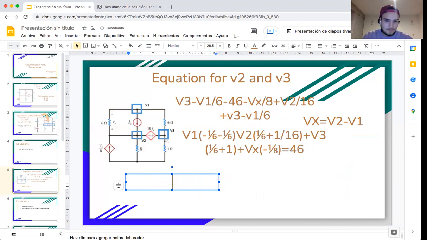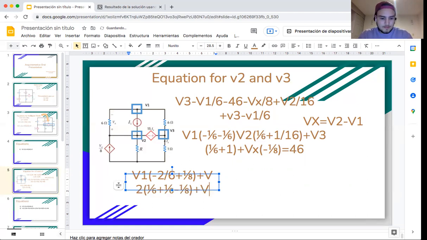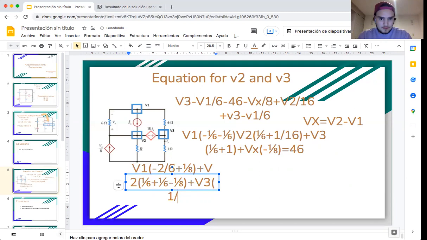And now we have V1 times minus 1 over 6 plus 1 divided by 8, plus V2 times 1 divided by 6 plus 1 divided by 16 minus 1 divided by 8, plus V3 times 1 divided by 6 plus 1, and that equals 46.